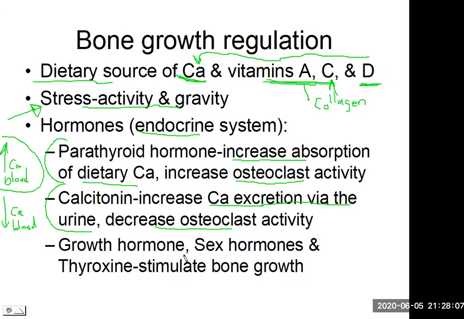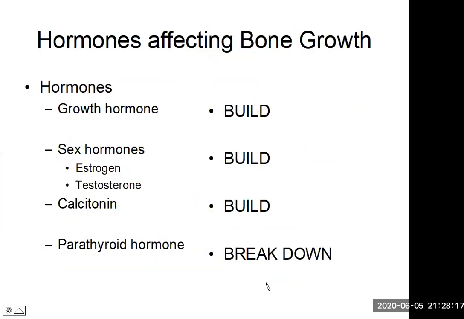Whereas there's numerous hormones that help to stimulate bone growth, and that's what we want to describe here. So there's multiple hormones to help us build bigger, larger, stronger, denser bones.